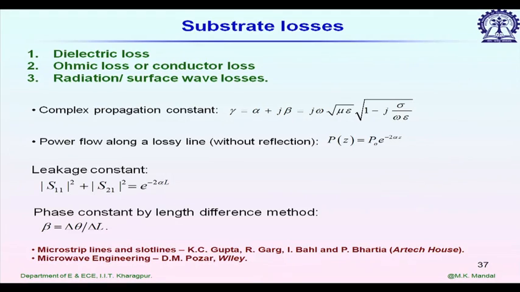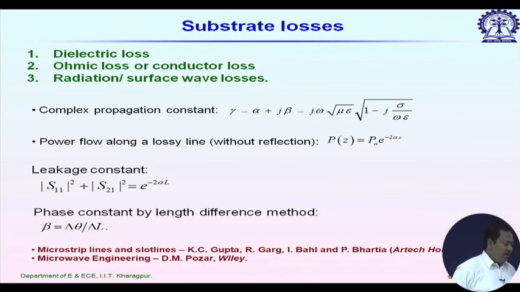The sources are dielectric loss, ohmic loss or conductor loss, and then the radiation and surface wave losses. If we design any wave guiding structure at millimeter wave frequencies, then obviously we have to use the complex propagation constant.